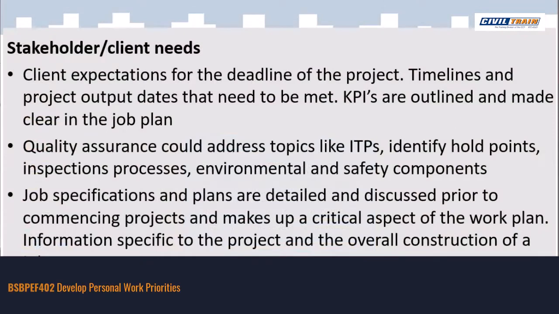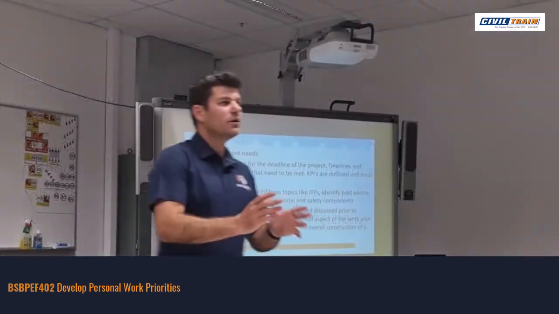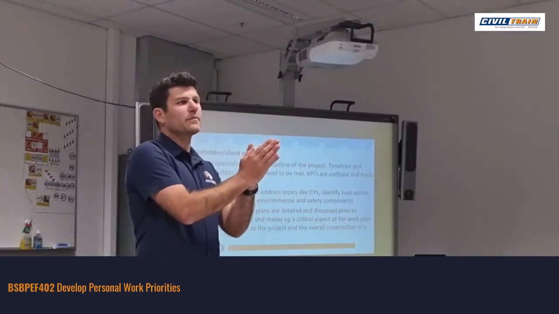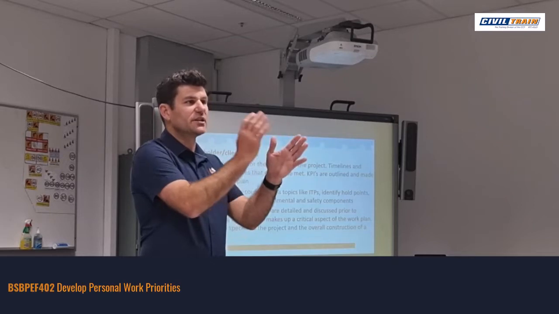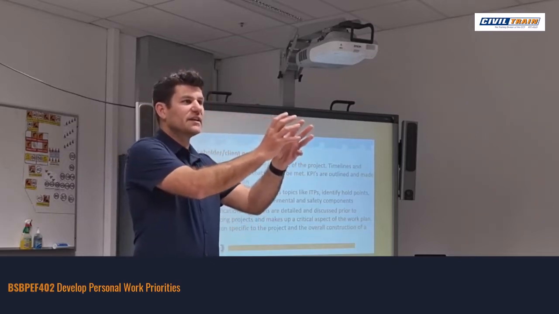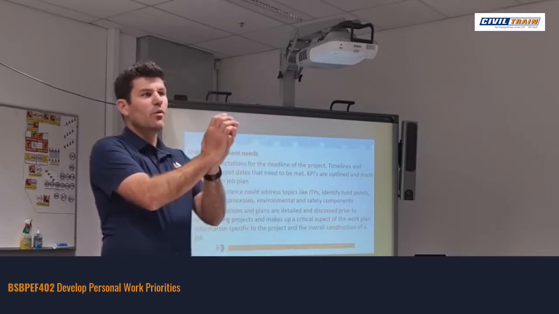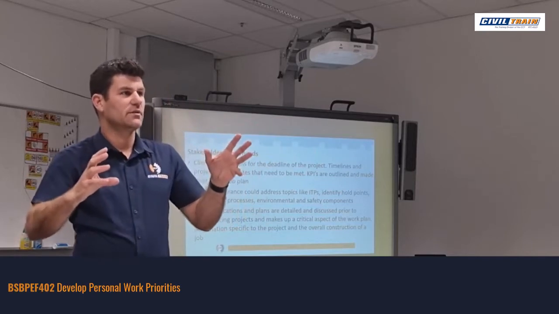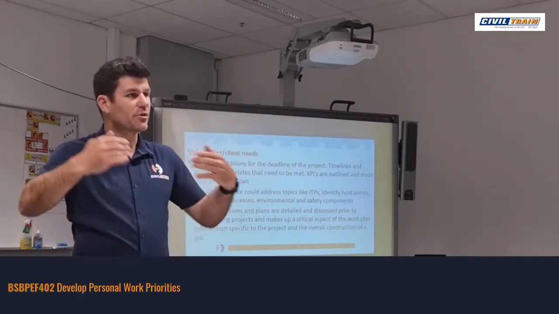Quality assurance, often ITPs, so inspection test plans. When you look at a specification, you might find that there are certain control points or witness points that need to be put in place that all of a sudden prevent your normal dependency line. They've thrown something in where it needs to be inspected by the client, which normally you would just progress with your works.